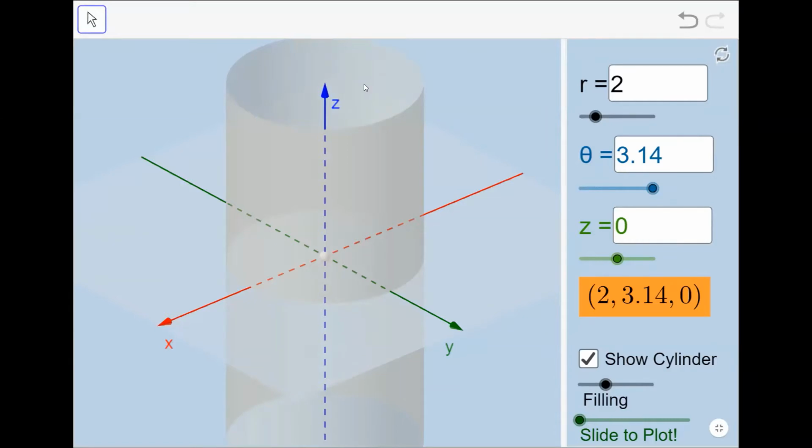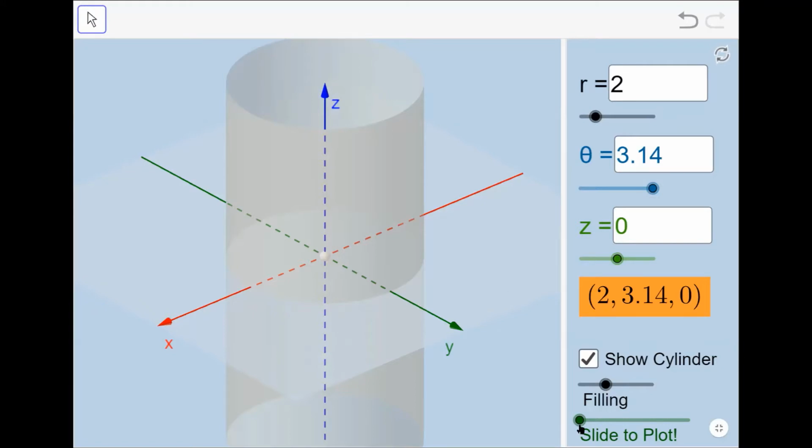Okay, the cross section is a circular one, and the z-axis of this coordinate system is the same as that of our Cartesian coordinate system. The z-axis of the cylindrical polar coordinate system and our Cartesian coordinate system is the same, but the other two coordinates are different. Here we know that the cross section of this cylinder is circular.